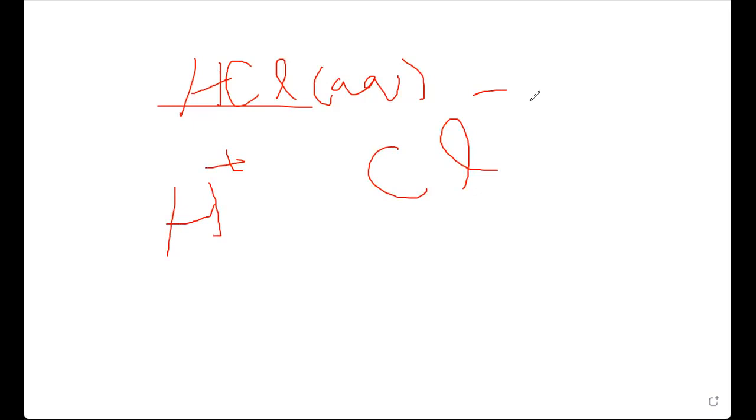HCl is a covalent compound. Whenever you dissolve HCl into the water, it will give you H positive ion and Cl negative ion. So see, HCl is giving you H plus ion. It is giving you a proton. That's why HCl is called an acid.